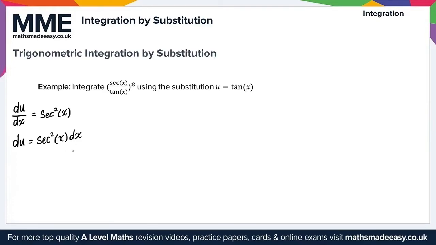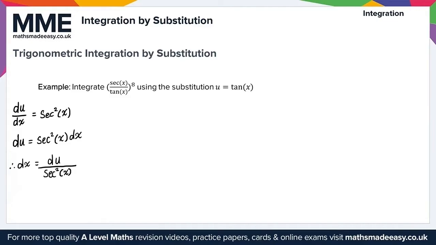And then finally dx is given by dividing through by sec squared x. So dx is equal to du over sec squared x. Okay, that gives us everything we need to start this question.